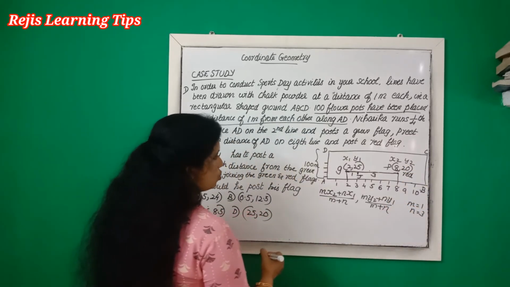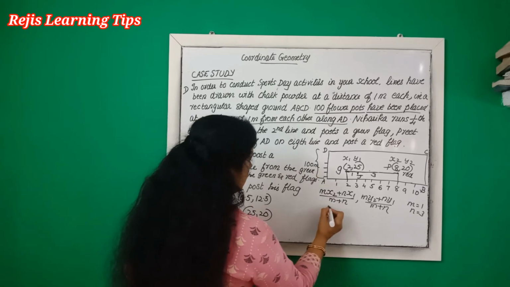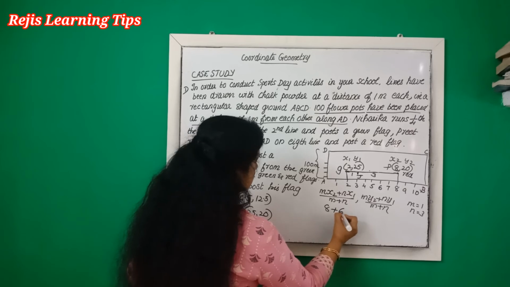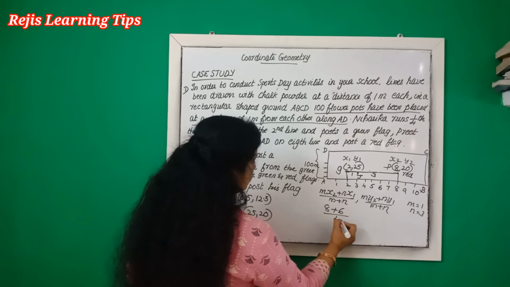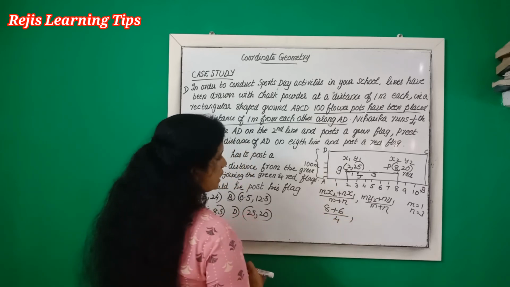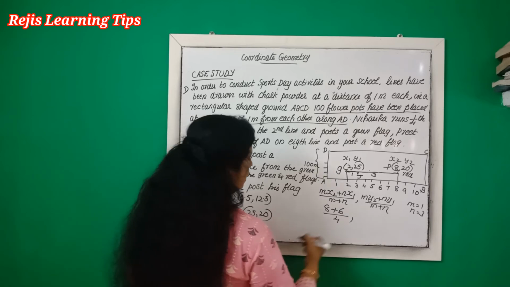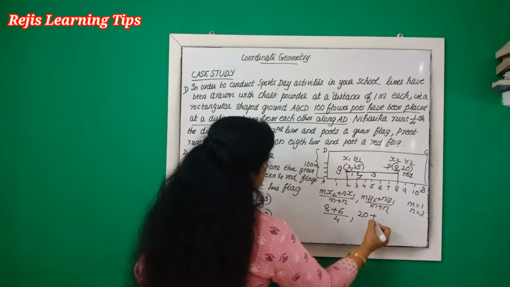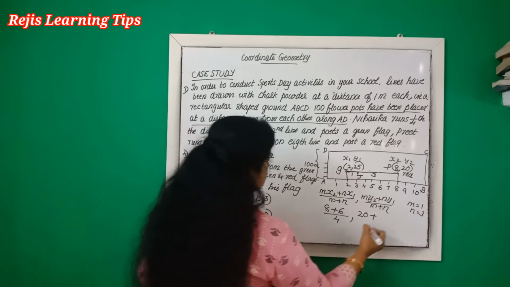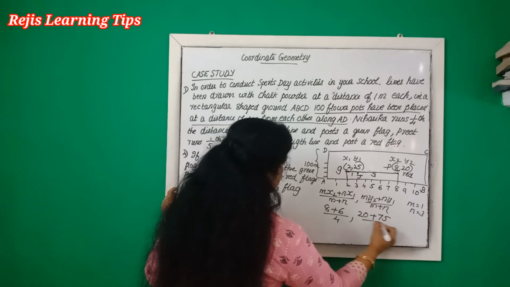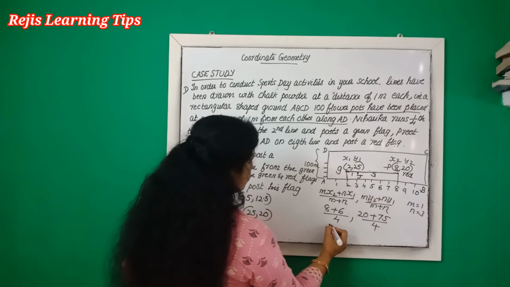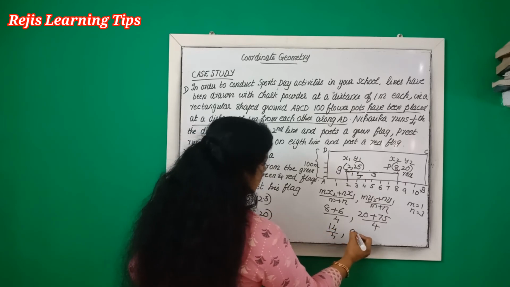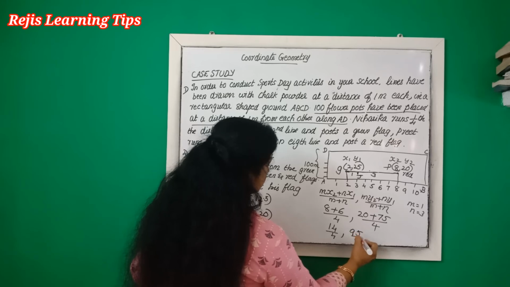So m x2 is 8 plus n x1 is 6, divided by m plus n, that is 4. Then m y2 is 1 into 20, that is 20, plus n y1 is 75, divided by 4. So 14 by 4 and this is 95 by 4.